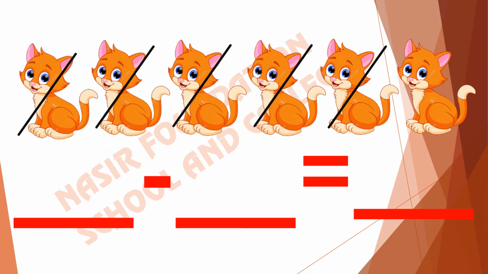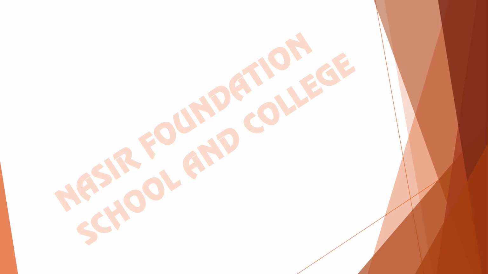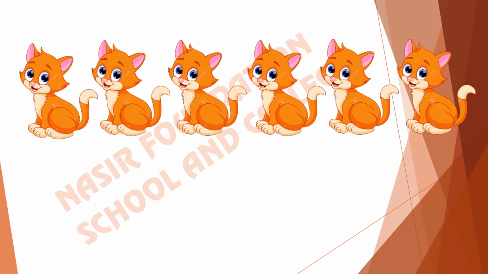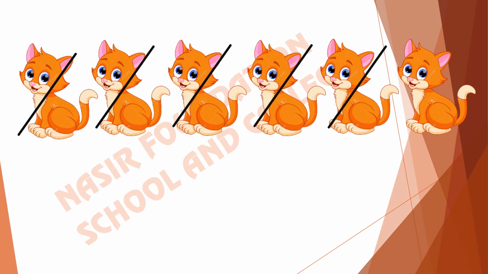Here some of the cats are given and some are subtracted. We will write subtraction sentence for it. How many cats are there? Yes, students, count them and tell me. There are 6 cats. Now we will subtract some of the cats. 1, 2, 3, 4 and 5.